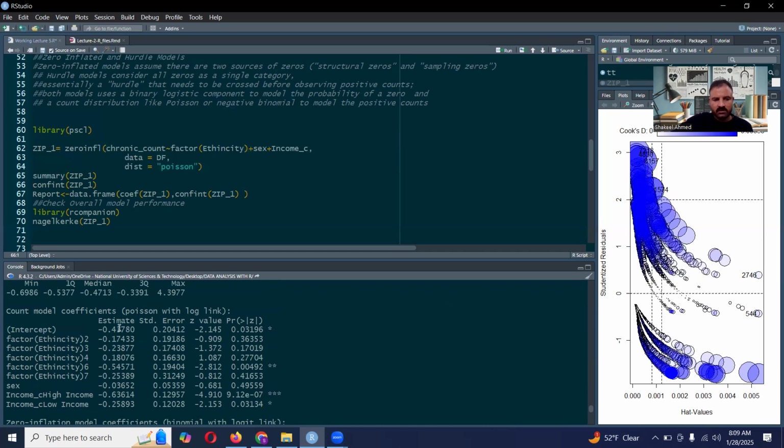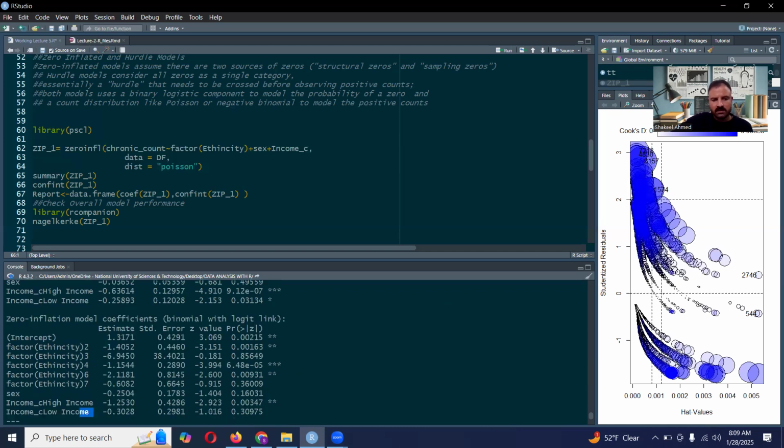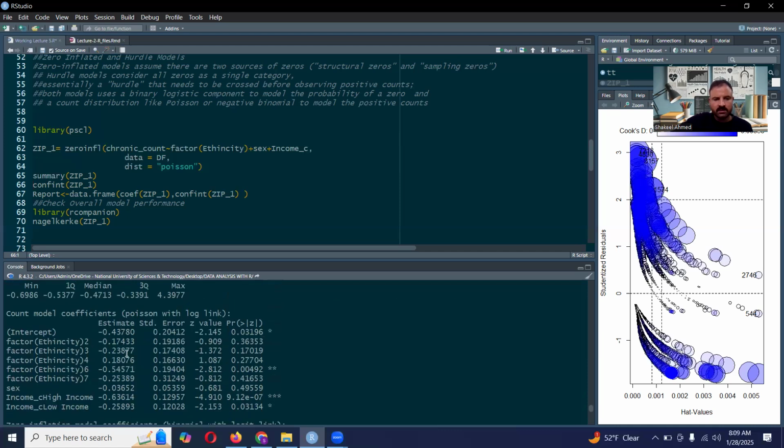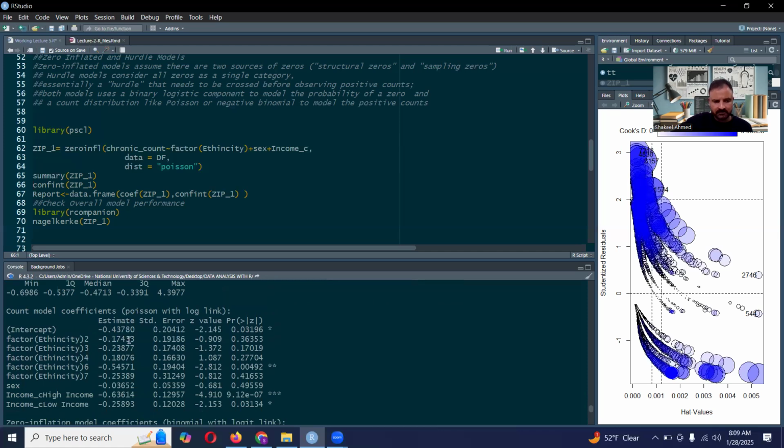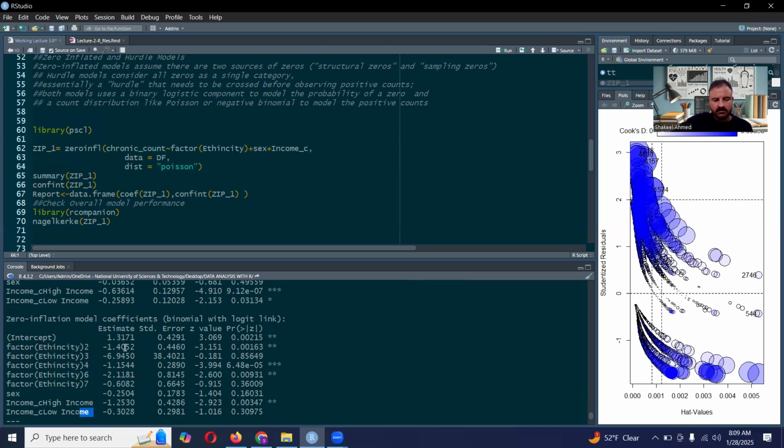Sorry, these are the zero inflation coefficients, but these are the coefficients corresponding to the count model, and these are the coefficients corresponding to the zero inflated model. So the zero inflated Poisson model just runs two parallel regression models.